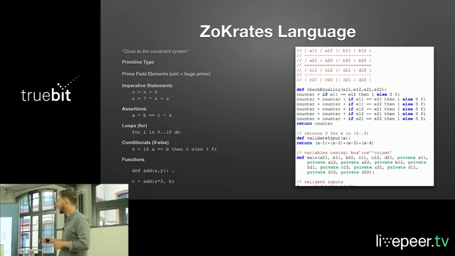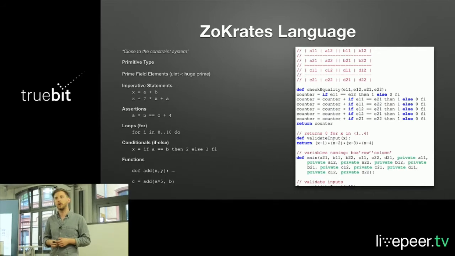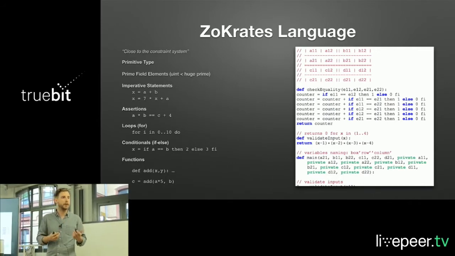You can do a lot of things with it, but it's not a very convenient abstraction because people are used to other data types that overflow in a predictable way. So we're currently looking at including more data types that internally translate into prime field elements, so we can map them into the constraint system, but that provide an even better, more usable interface to actually write applications in.